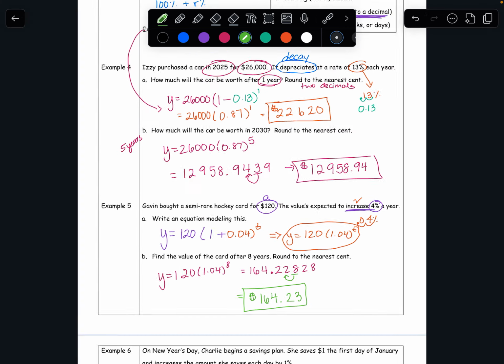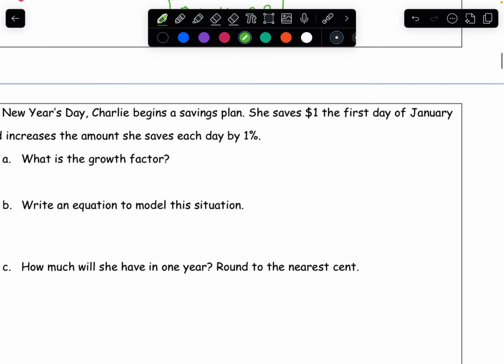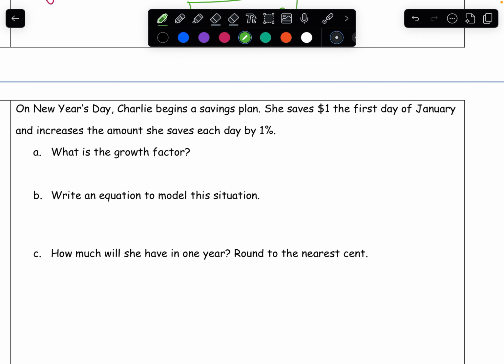Okay, here we go. Last page, last problem. On New Year's Day, Charlie begins a savings plan. She saves $1 the first day of January and increases the amount she saves each day by 1%. So what is our growth factor? This is our B value. So because it's increasing, we would do 1 plus 1%.